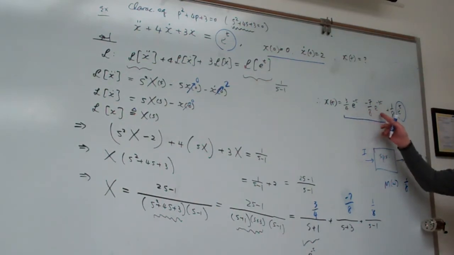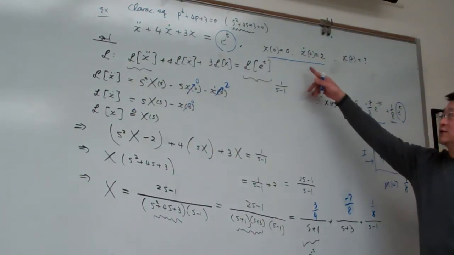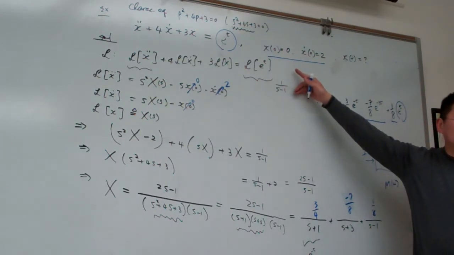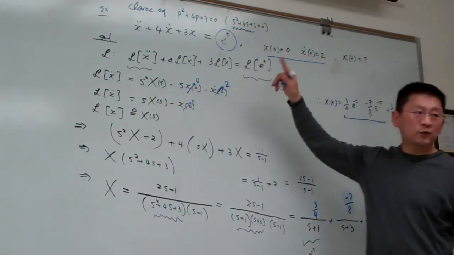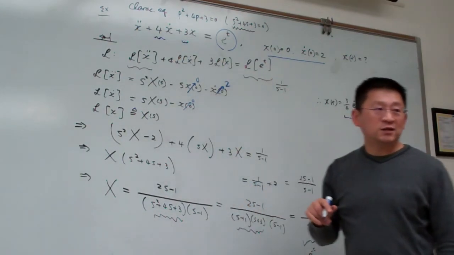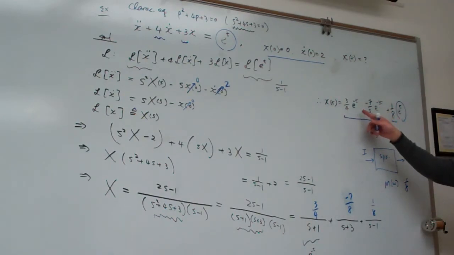The magnitude contributed from the two terms will become 0, and that term actually is a contribution from the initial conditions. Initial conditions will contribute to the transient solution. For a stable system, and this system is stable, the transient solution eventually will die out. And that one we can see from here.